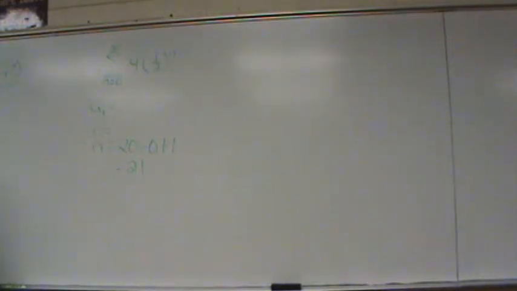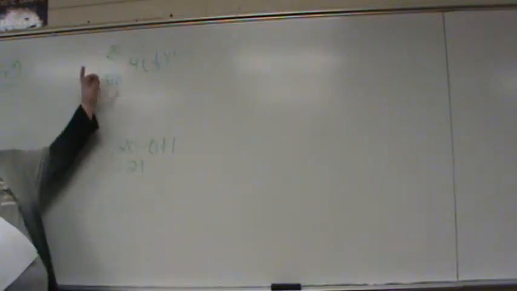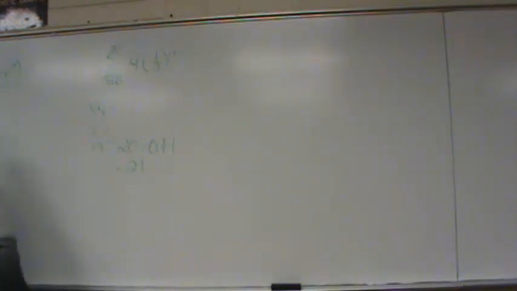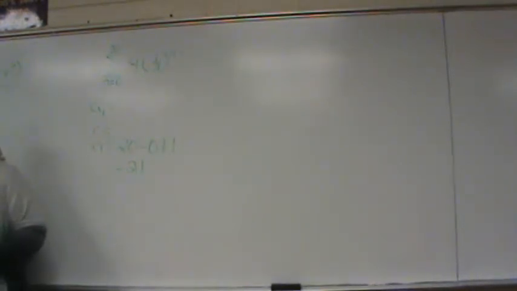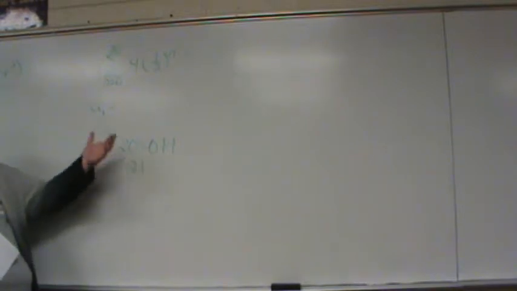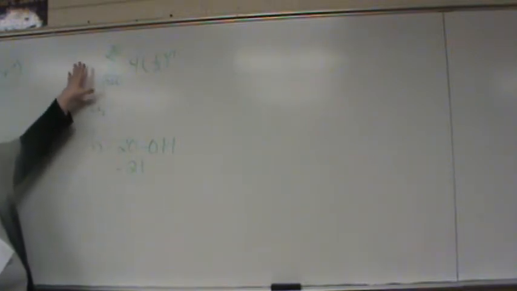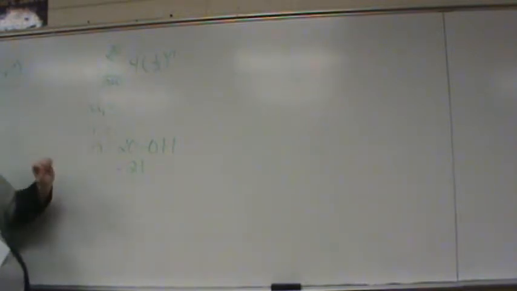Wait, so we subtract the 0, which is what's on the bottom, and then where do we get the 1? Why do we add 1? We add the 1 just because that's the formula for finding that n value. That's just how you find it. So is everybody clear with how we find that n value for a geometric? Because that's going to be important.